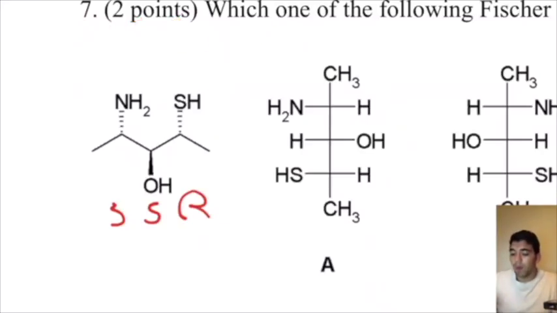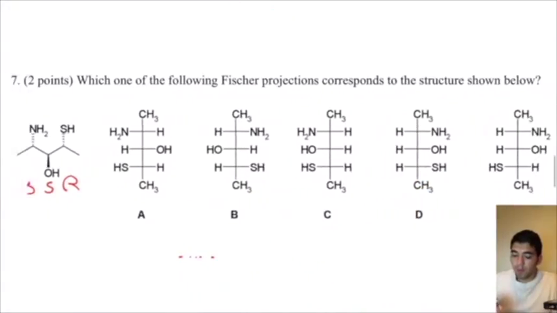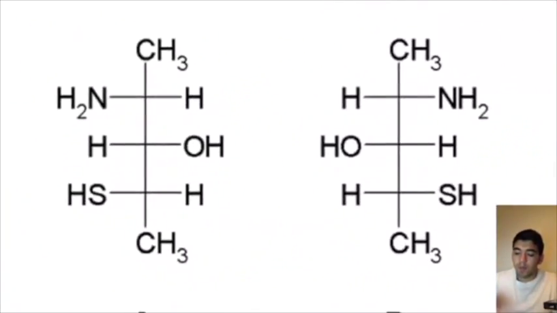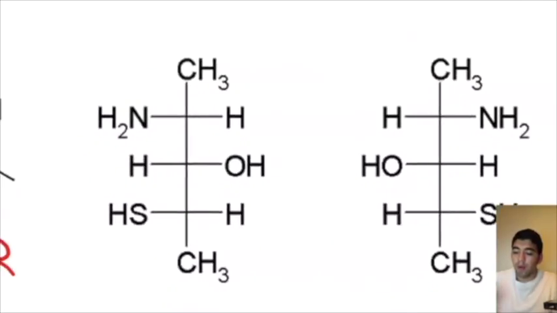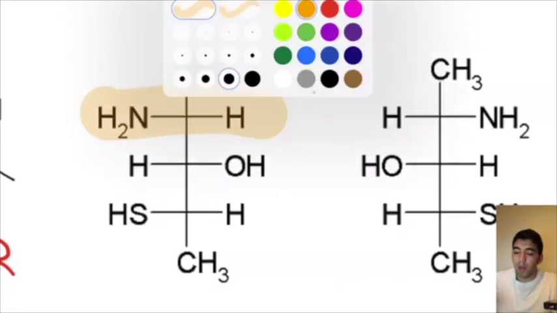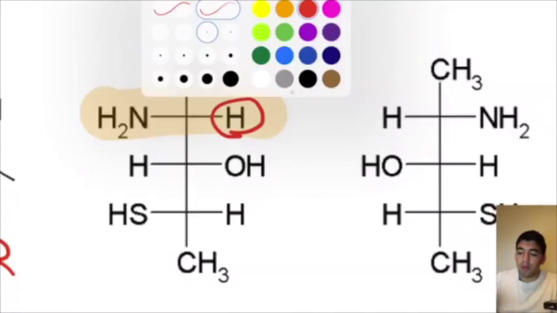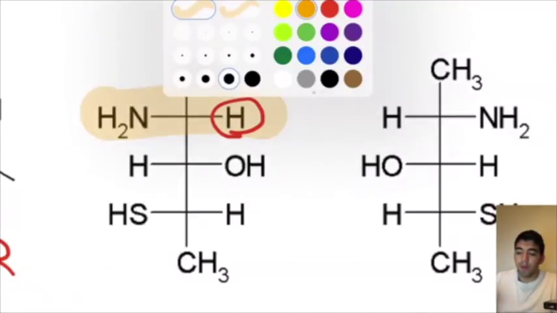Okay. Now, we only really have to do this on one of these, as I said earlier, because we can assume the rest from just one. Fisher projections, you have to just look at the arms on the horizontal, and if you find that low priority H, we know that it will always be our lowest priority, and if it's on the horizontal instead of the vertical axis, we're going to flip our configuration.